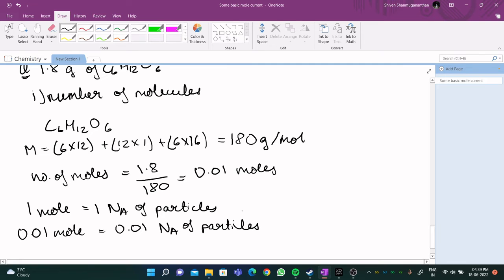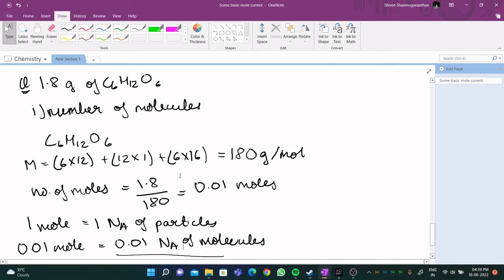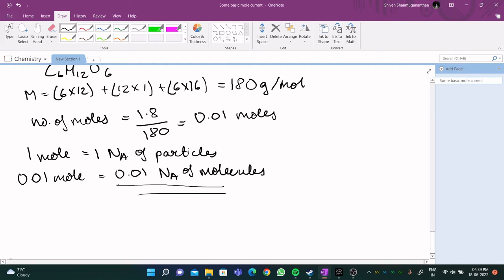So we got our answer here. It's 0.01 into Avogadro's number. I'll just write molecules here. Right, 0.01 Avogadro's number of molecules.